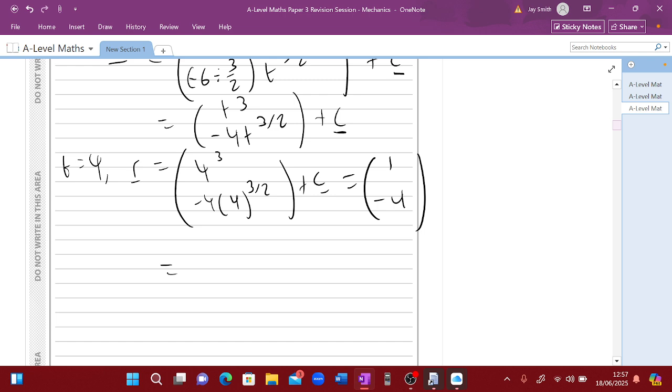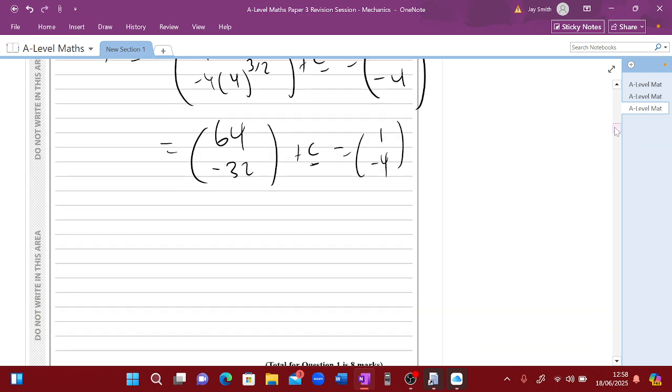Okay, let's simplify this a bit. So 4 cubed is going to be 64, and minus 4 times 4 to the 3 over 2 is going to get us minus 32. Plus this vector c is 1, minus 4. Now we need to find c, but we can rearrange this, can't we?